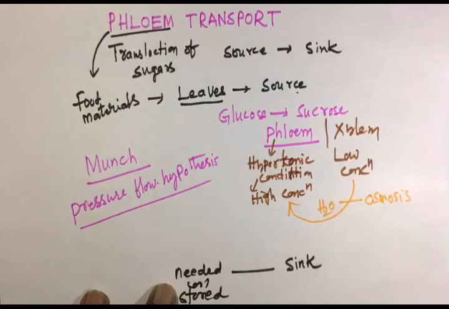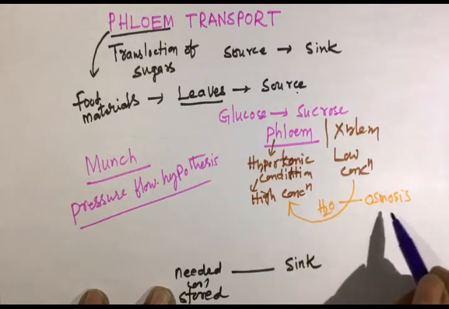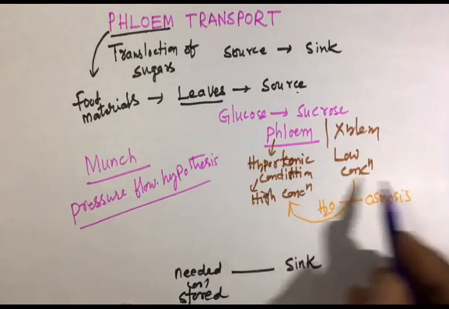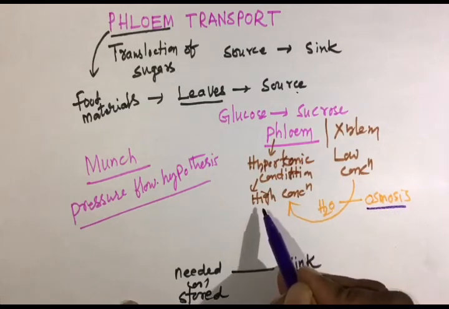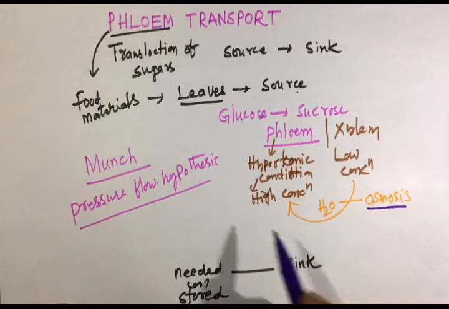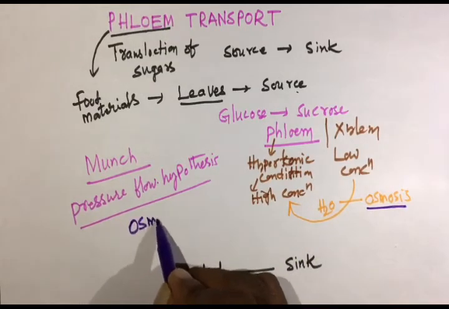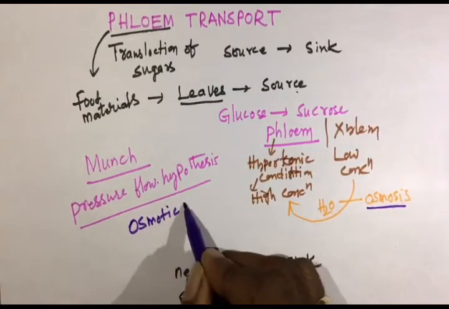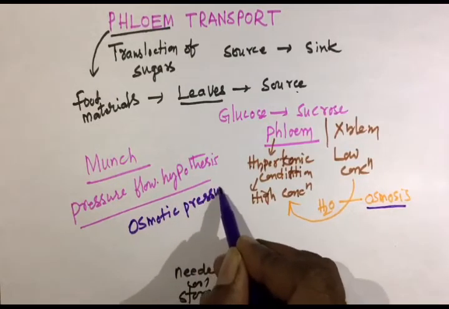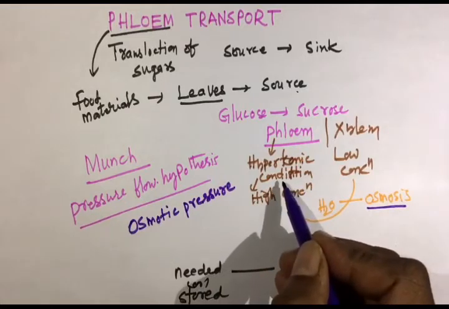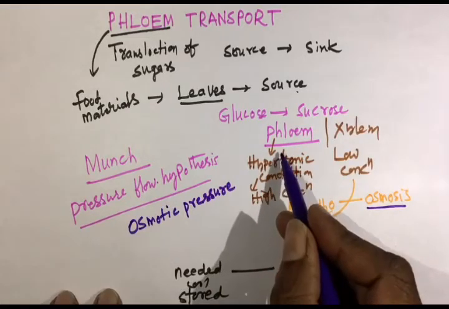As water enters into phloem by osmosis, it creates some pressure within the phloem which is called osmotic pressure. So as a result, high osmotic pressure is created within the phloem.